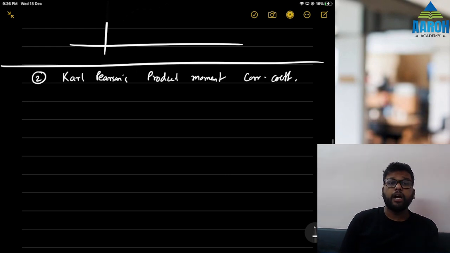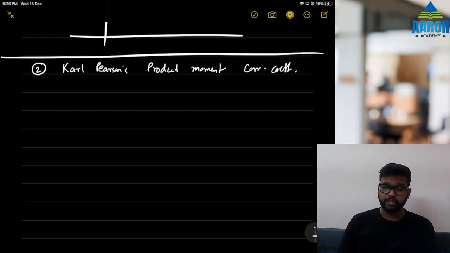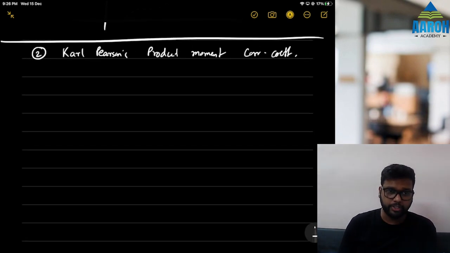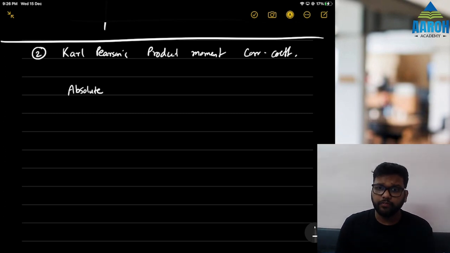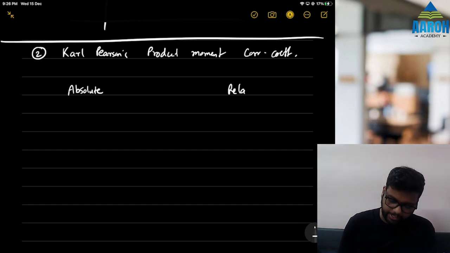Fine. Karl Pearson's product moment correlation coefficient. For this we have to see one more measure first, something called covariance. For this you have to again revise something from the chapter on measures of dispersion. Understand? Absolute measures are those measures which give an answer in absolute terms, that is for one single set of data, whereas relative measures are used for comparison.